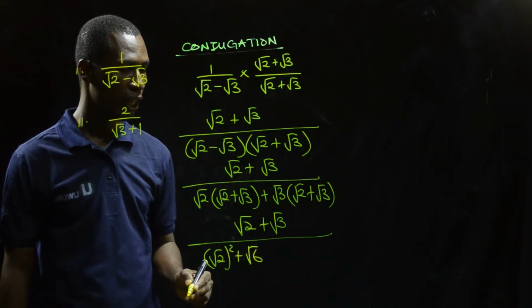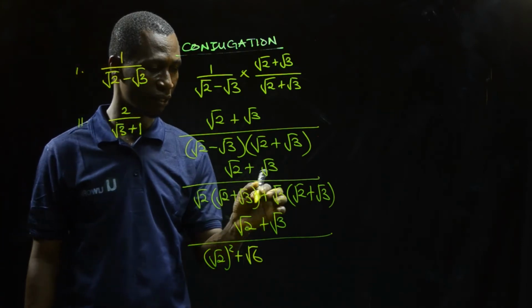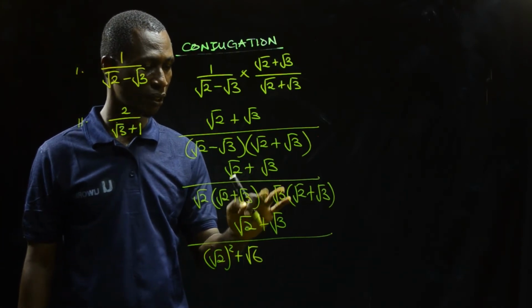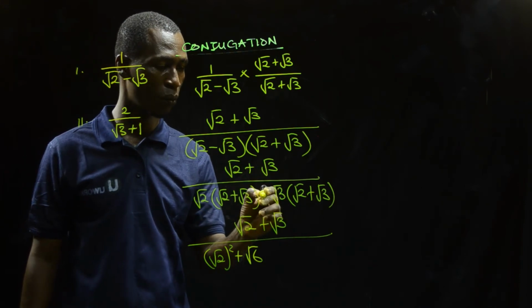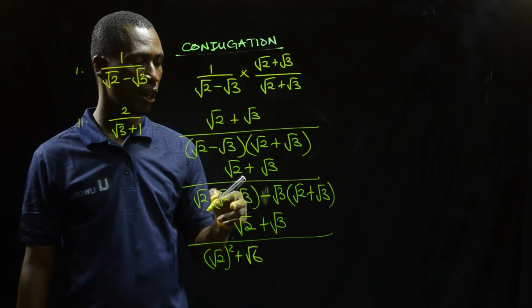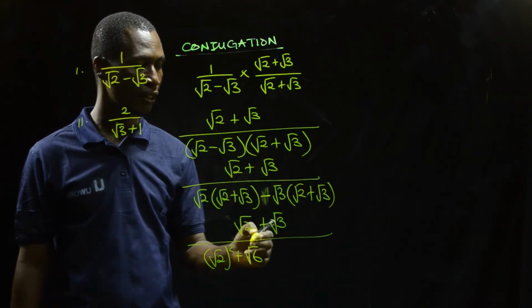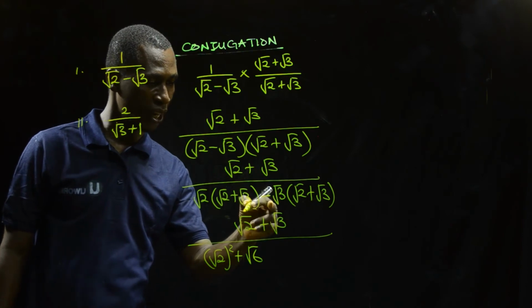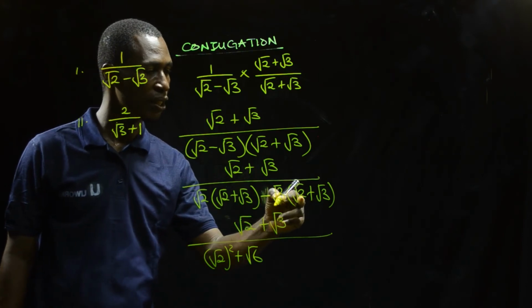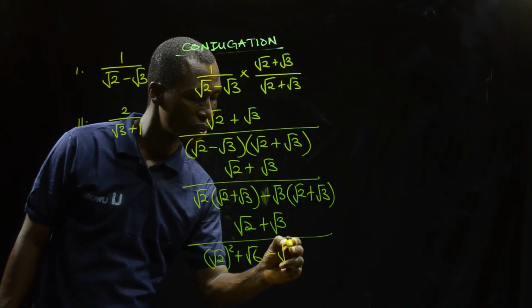Good. Then the operation sign must be negative. I'm still maintaining that this place must be negative so that it won't create a problem, because it's negative here. This is multiplying this and that, and the negative root 3 is also multiplying this and that. So I now bring negative root 3 times root 2, which is going to give me negative root 6.